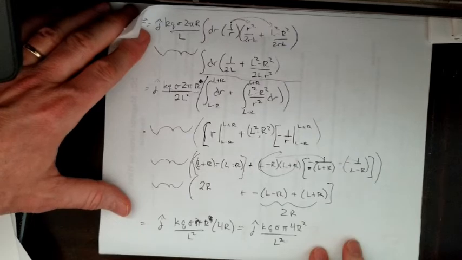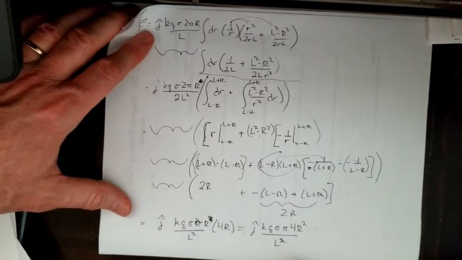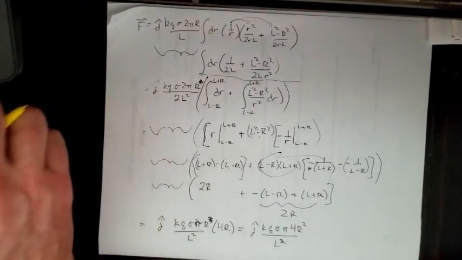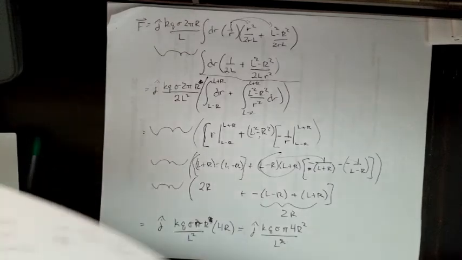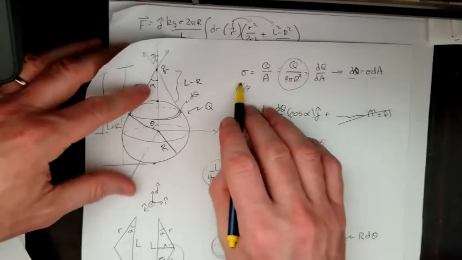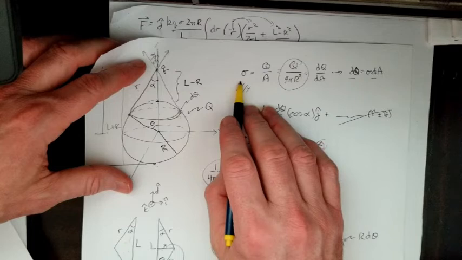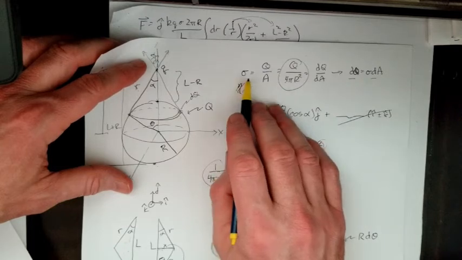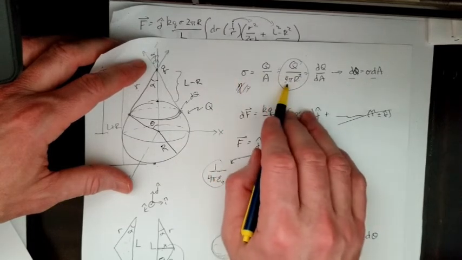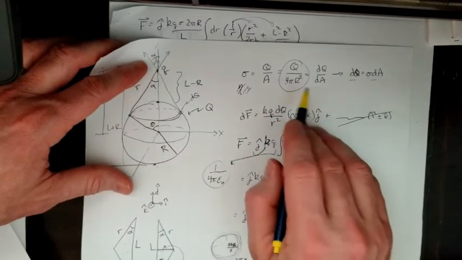Now, has this made our life any better? Well, yes, of course it has. And so if we go back to what sigma equals, remember the uniform charge distribution, sigma was a temporary variable. It was not given in the initial problem, but that's equal to the total charge over the surface area of the sphere here.